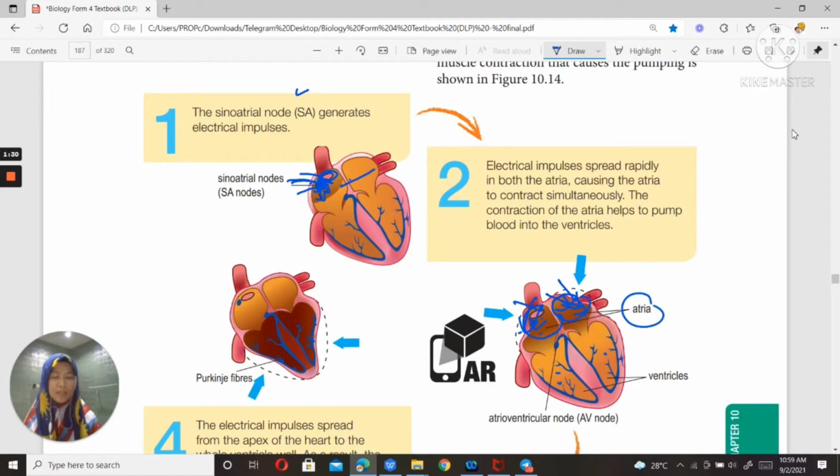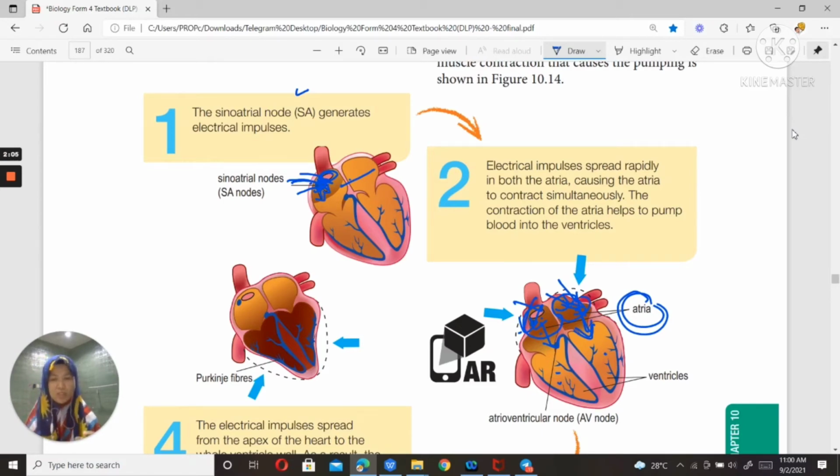So when both atria receive the electrical impulse, right and left atrium will contract simultaneously, pada masa yang sama. Okay? So after both atria receive the impulse, both atria will contract to push the blood into both ventricles. So contraction of atria will help to push the blood into the ventricle.